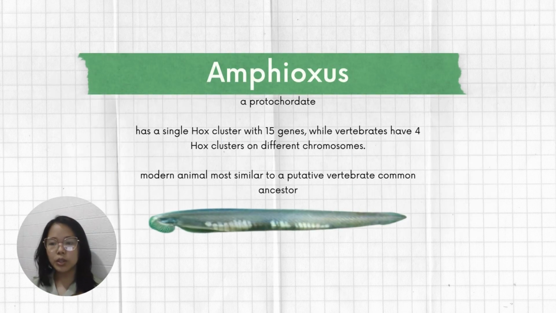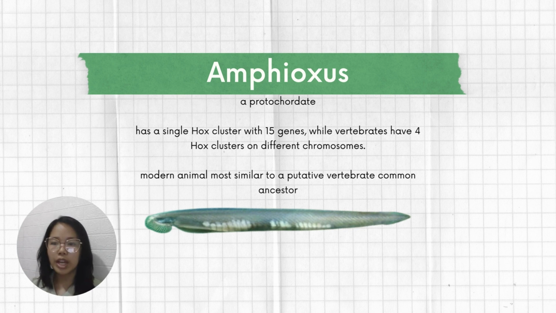The Amphioxus, also known as lancelets, is a small primitive marine protochordate that is considered a living representative of the ancestral form that gave rise to vertebrates. It has a simple body plan and serves as a useful model organism for studying the evolution of the Hox gene family.